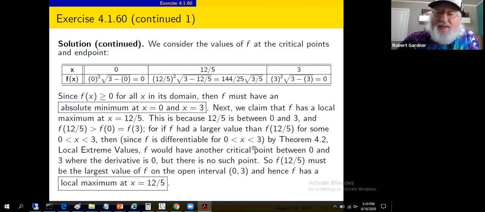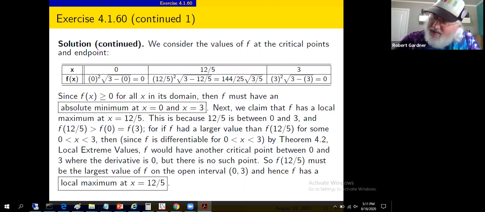It's differentiable at 0. It's not differentiable at 3. It's got some endpoint problems at 3. But there couldn't be another value between 0 and 3 where the function gets bigger than that, or it would have been a local extremum, and we'd have a critical point, and the derivative would have told me about it.